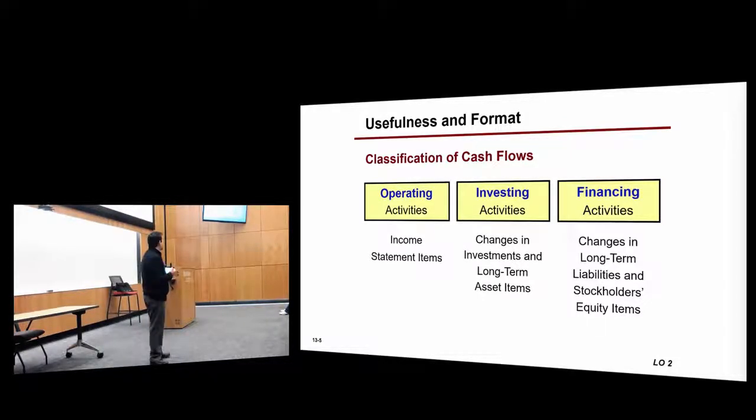You also have to look at the change in equity. When we talk about financing, this is when the company issues bonds and stocks. So you look at long-term liabilities and you look at equity. Let's see how this is done.